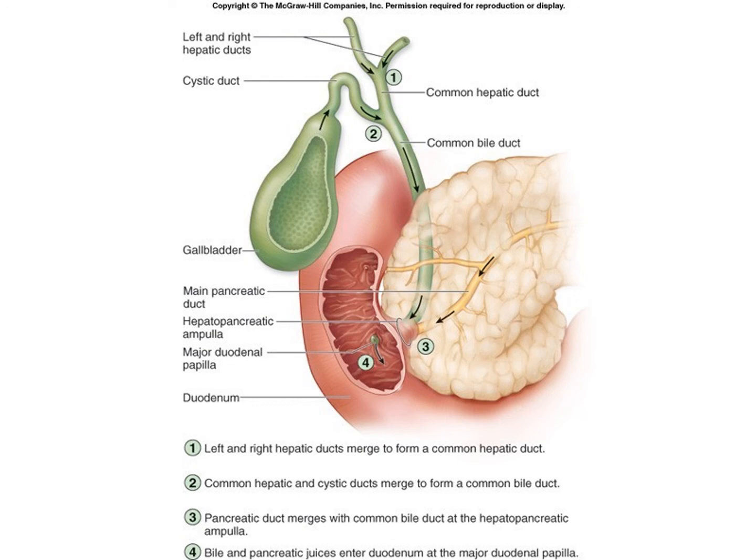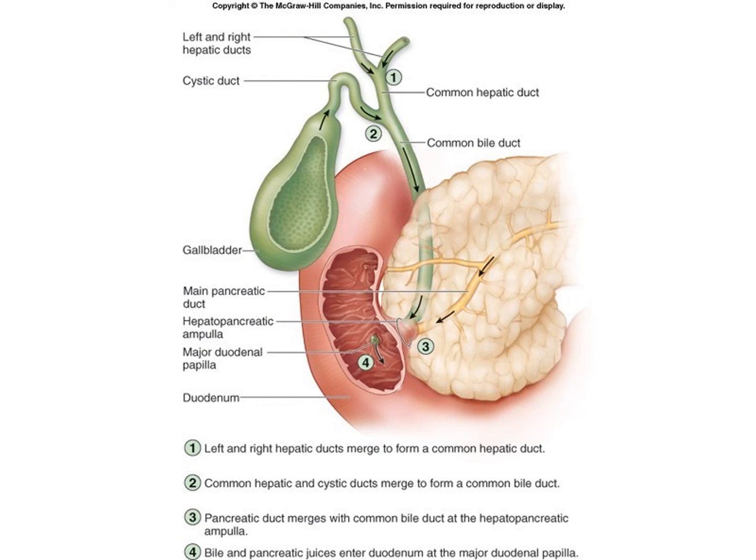The common hepatic duct then connects with the cystic duct which is coming from the gallbladder and forms the common bile duct. The common bile duct then connects with the pancreatic duct and opens into the hepatopancreatic ampulla, the major duodenal papilla, and then they pour their secretions into the duodenum.